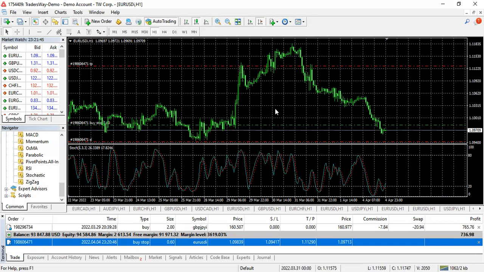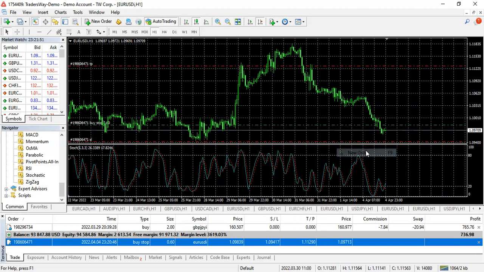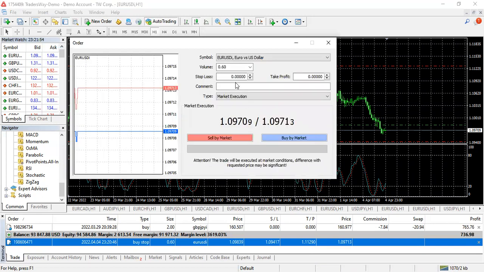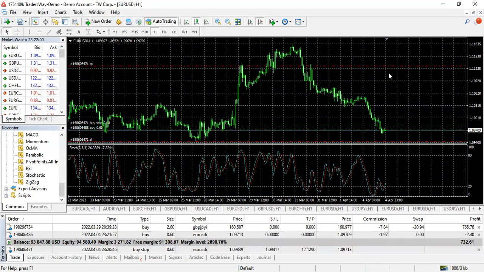But when I'm using market execution, something like this, maybe I just take a trade randomly. Now I just go for buy. I just take a trade randomly. It will be very hard. If my calculation is wrong here, I will have to close the trade, and the trade might actually close in profit or in loss.